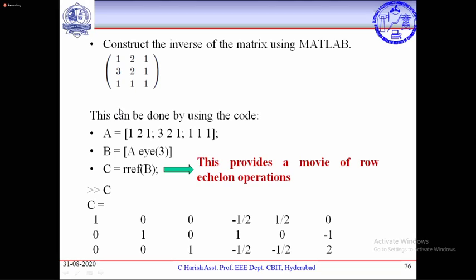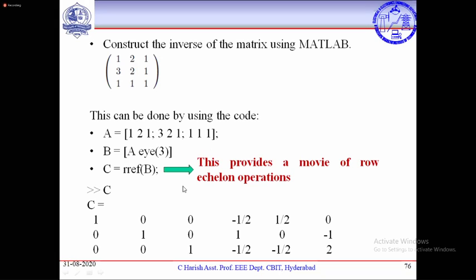When the inverse exists, it will directly generate the inverse. But if the inverse does not exist, it is a big issue for us. We have to find the rank of the matrix, then find the solution. Now A equal to 1 2 1, 3 2 1, 1 1 1.